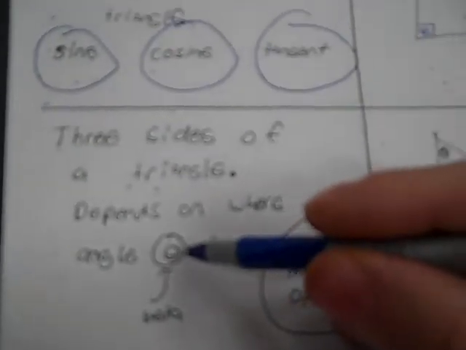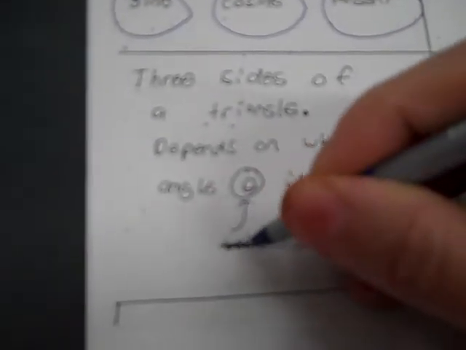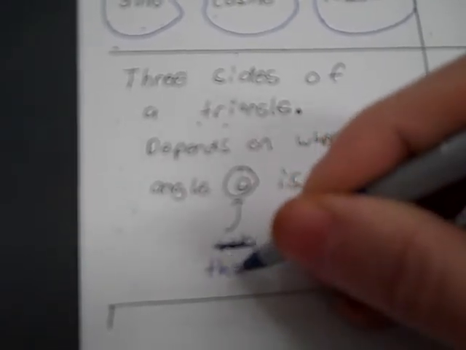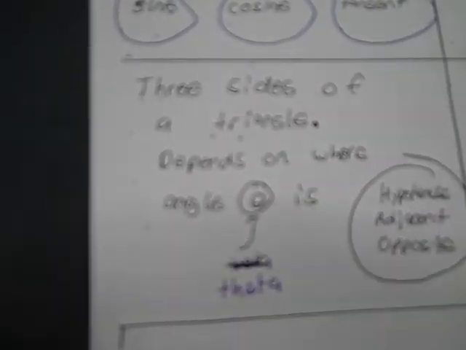Now, the other 2 sides, the adjacent and opposite, it depends where this symbol here is at. It's called theta. That's spelled wrong. It's T-H-E-T-A. It's just like a Greek symbol. Now, you put your pencil on theta, go to the other side, and you need to take this part seriously because without knowing how to label these, you're never going to know what you're doing here.